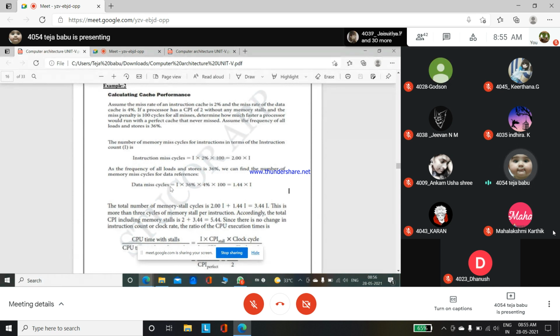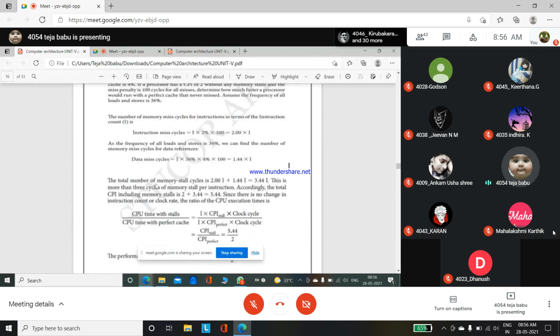Data miss cycles equals I, the instruction count, times the given frequency, times the data cache miss rate of 4%, times the miss penalty of 100 cycles. After doing this calculation, we'll get 1.44 times the instruction count. So let's check the next step.